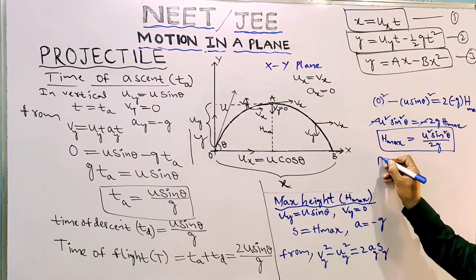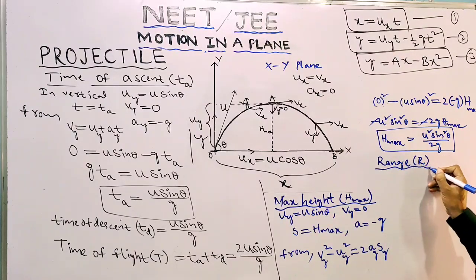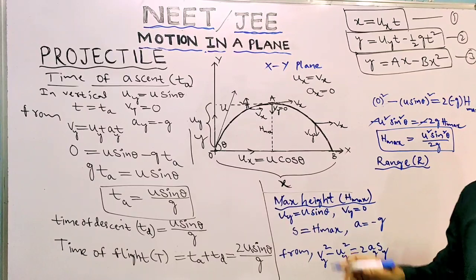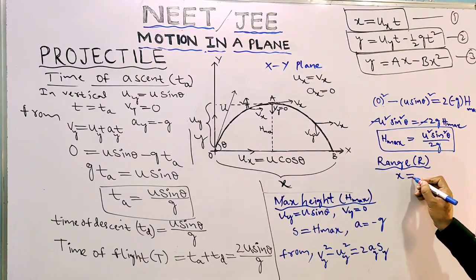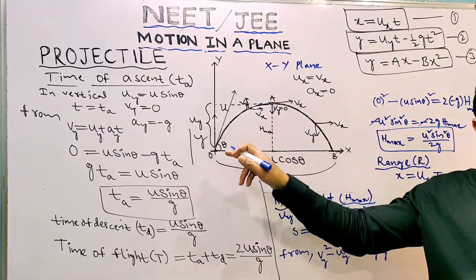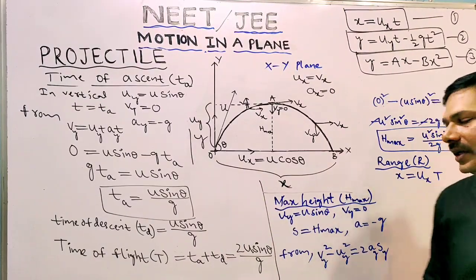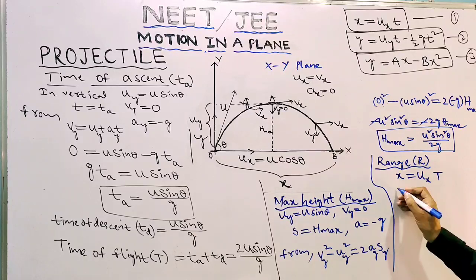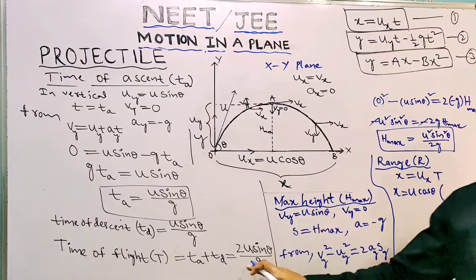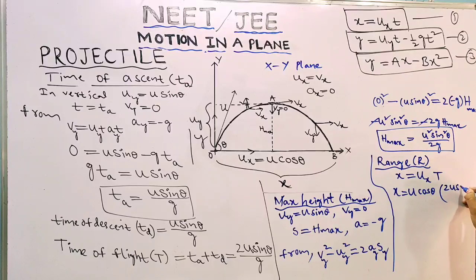It is denoted by the symbol R. So horizontal displacement is equal to the horizontal component of velocity into the motion time, that is the time of flight: ux into t. Substitute the values: x equals ux, which is u cos theta, and t, the time of flight, which we just got as 2u sin theta by g.